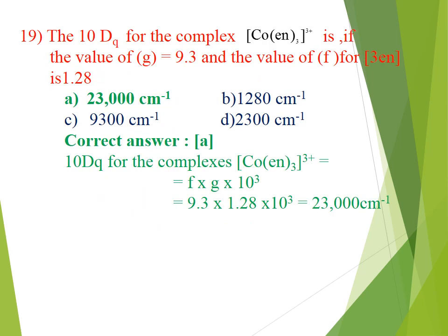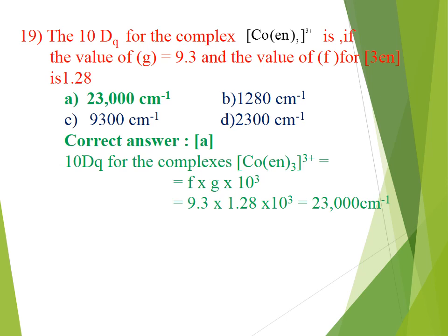Question number 19. For 10 Dq for the complex Co(en)3 3 plus, if the value of g is 1.8 and the value of f for en is 1.28. Here it is a simple problem for calculating 10 Dq. The 10 Dq for the complex is equal to f into g into 10 to the power of 3.